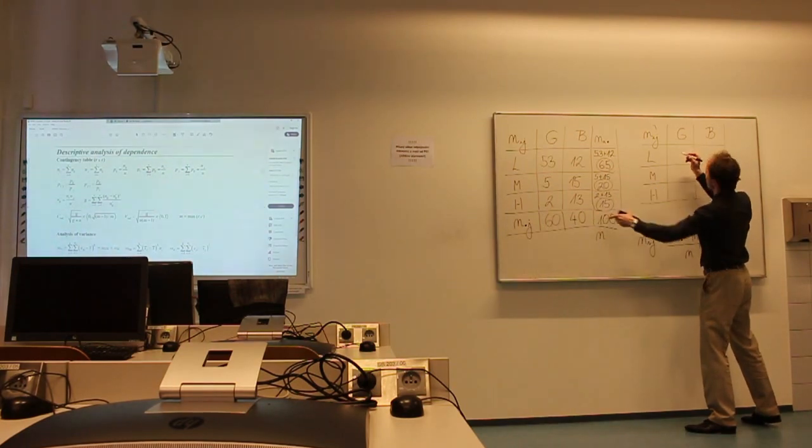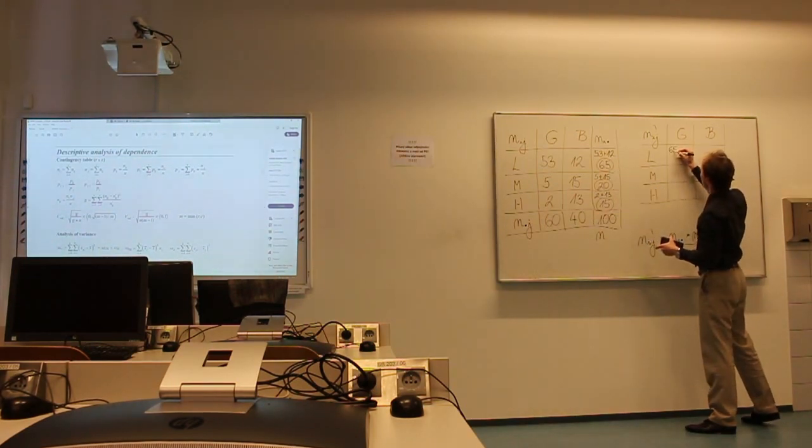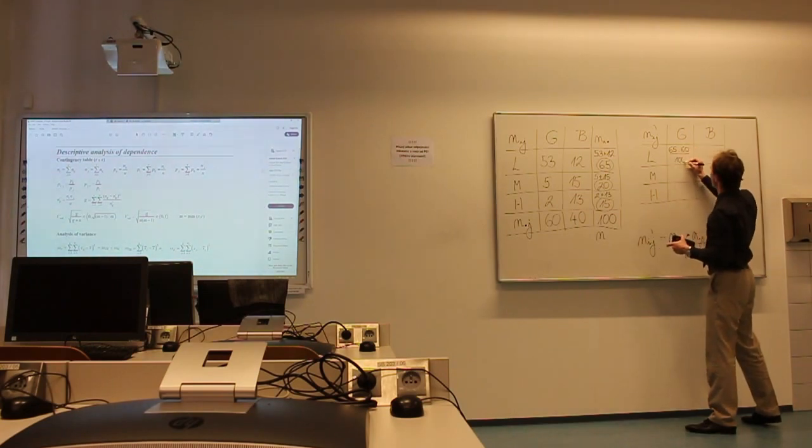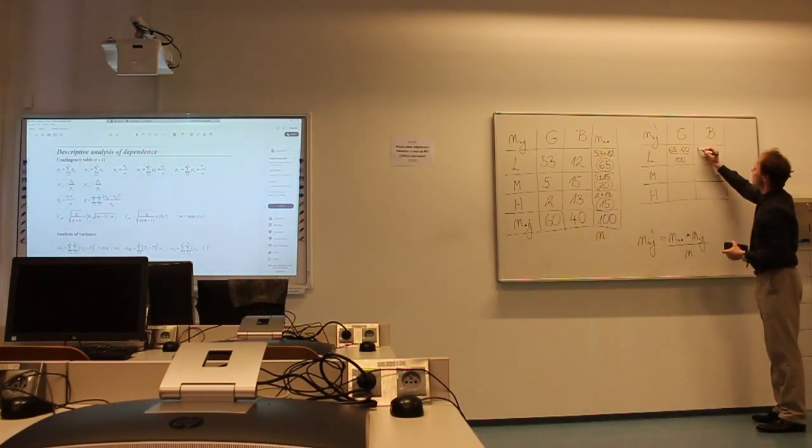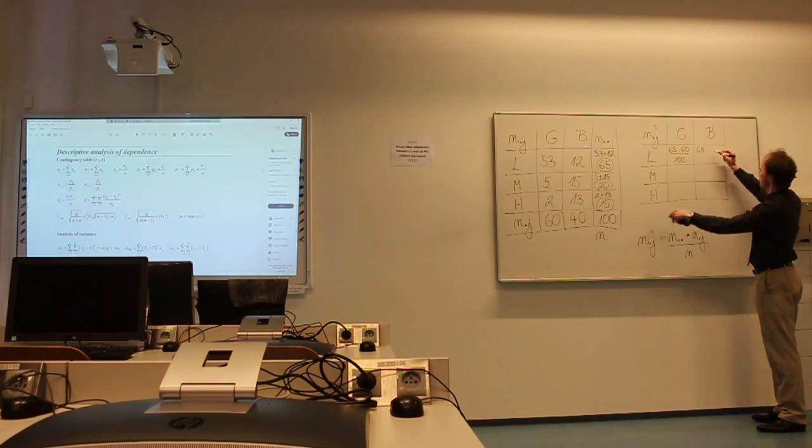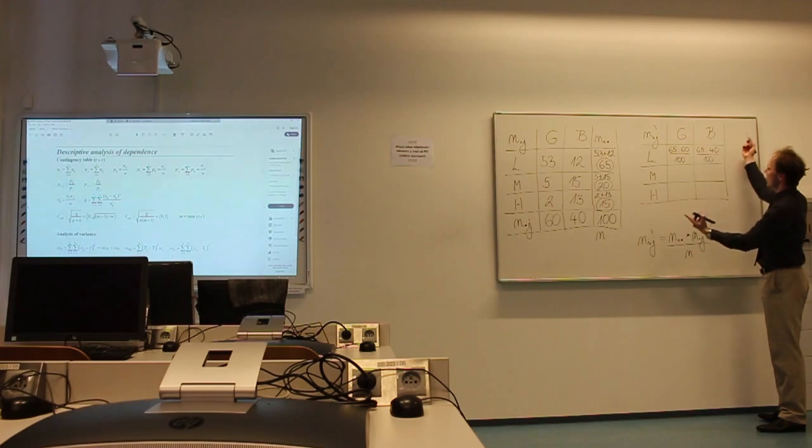Because what would be here? 65 times 60 divided by 100 drivers. 65 times 40 divided by 100 drivers.